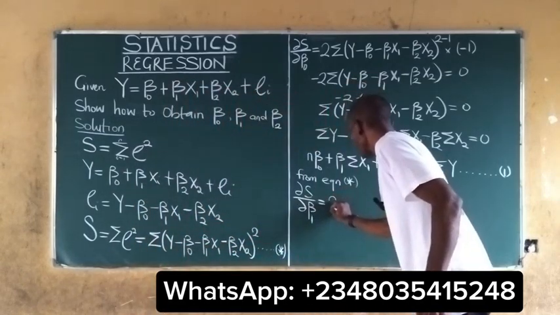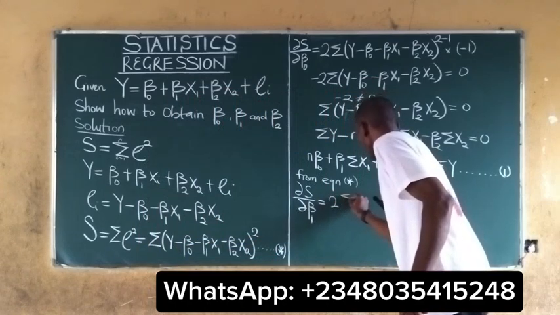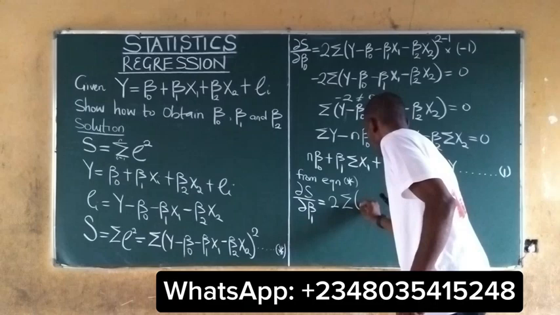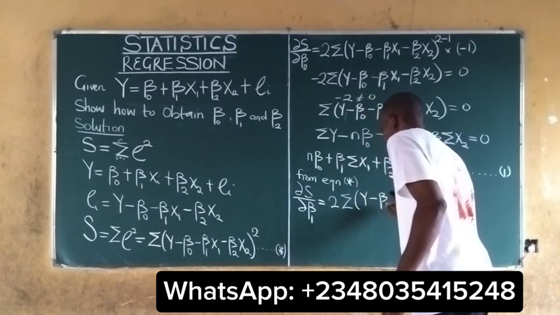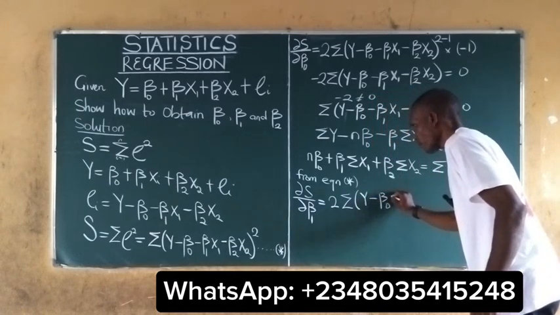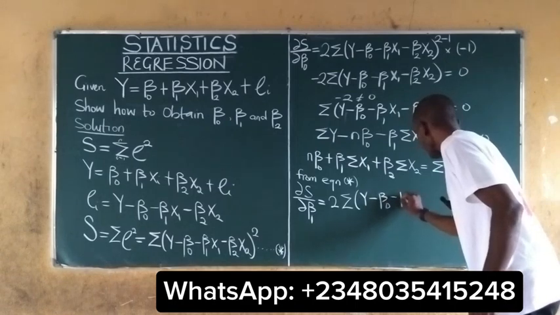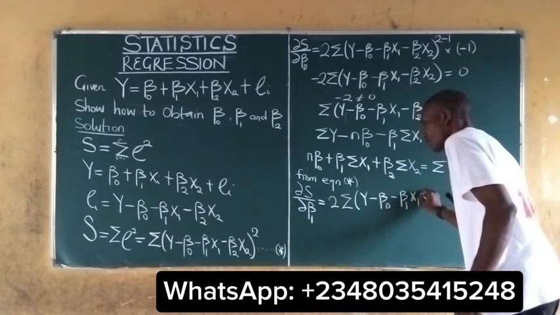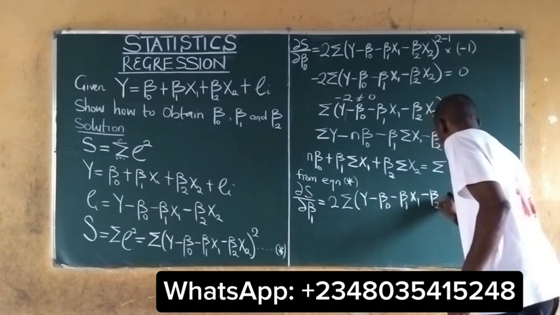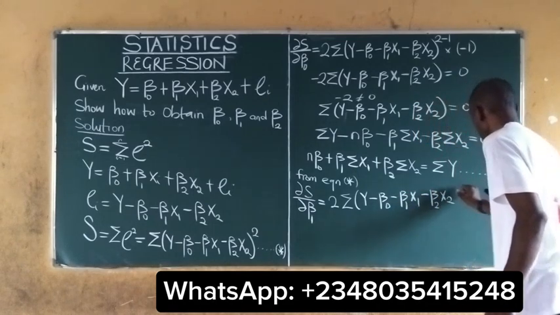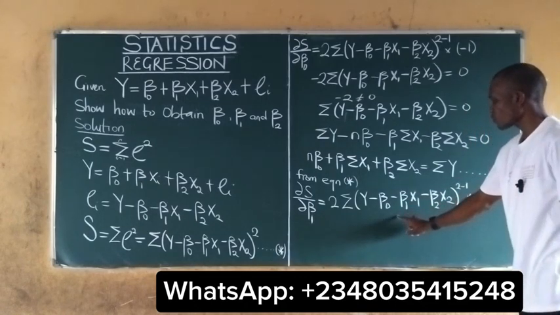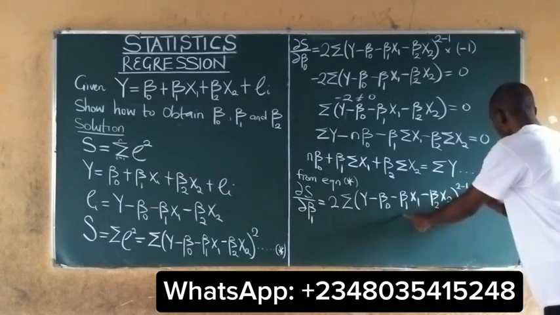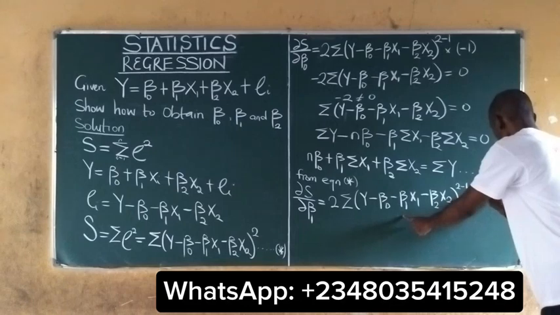We'll still have 2 summation of Y minus B0 minus B1 X1 minus B2 X2 raised to the power of 2 minus 1, times, from the composite function, we differentiate this, so we have negative X1.